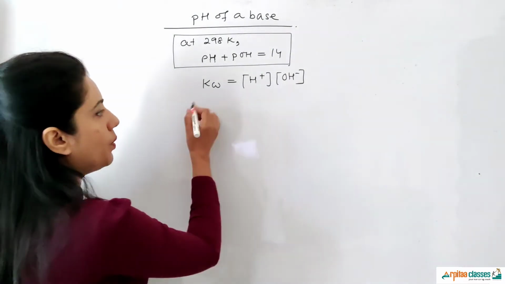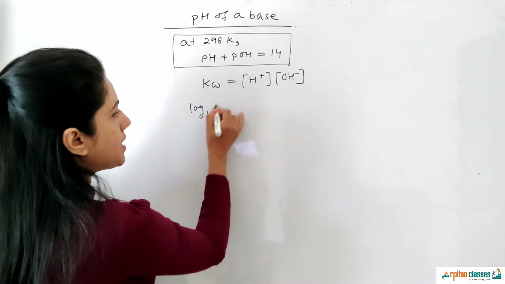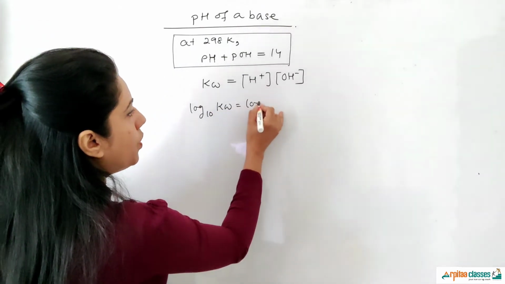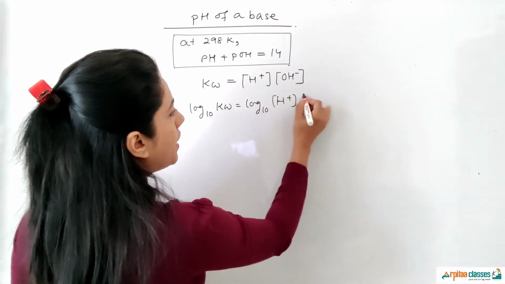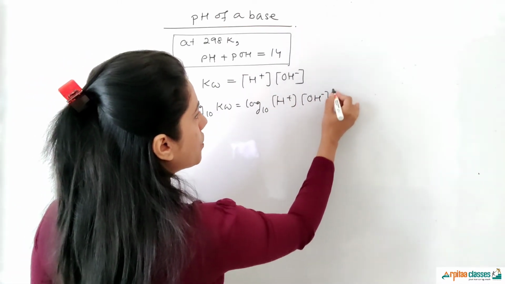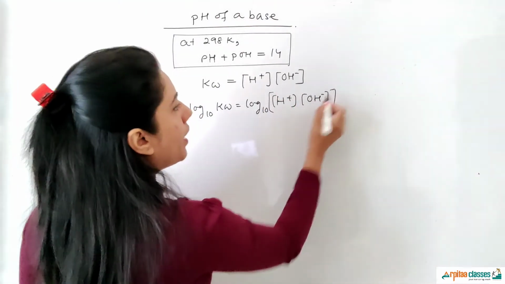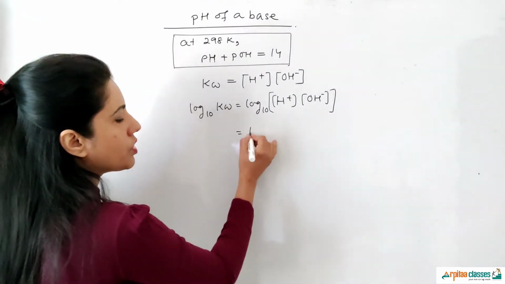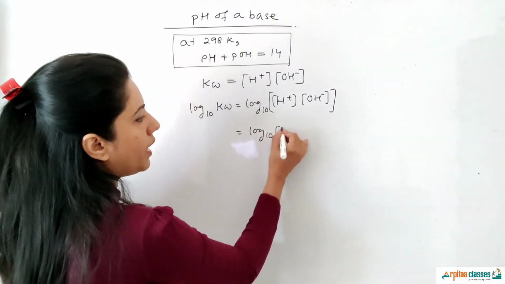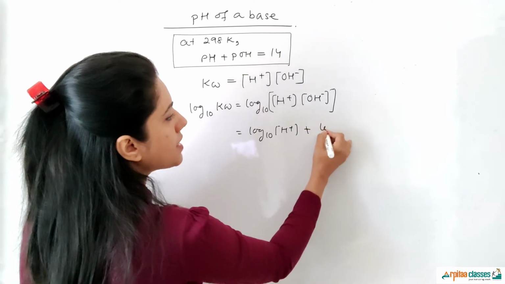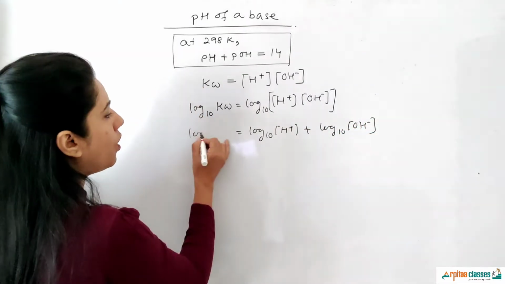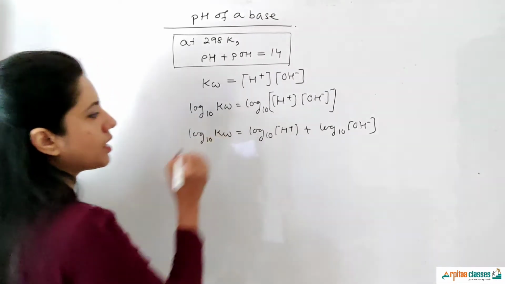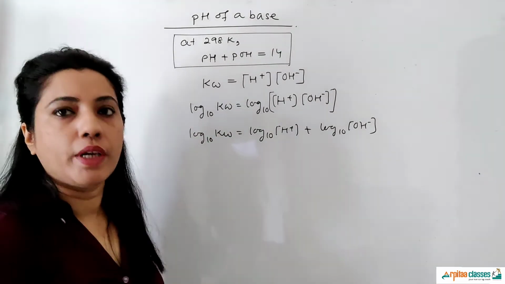Now take log on both sides. So log to the base 10 Kw is equal to log to the base 10 of the concentration of H plus into the concentration of OH minus. Now here log of A into B is going to give you log of A plus log of B. Okay, so we got log Kw is equal to log H plus plus log OH minus.